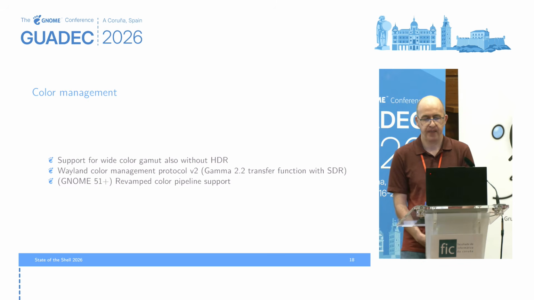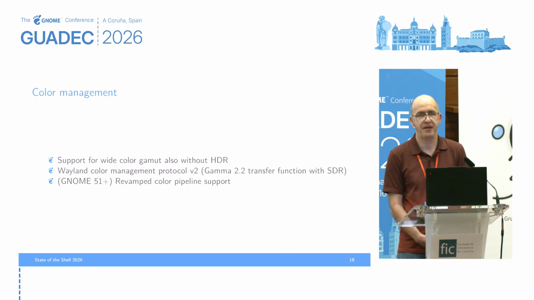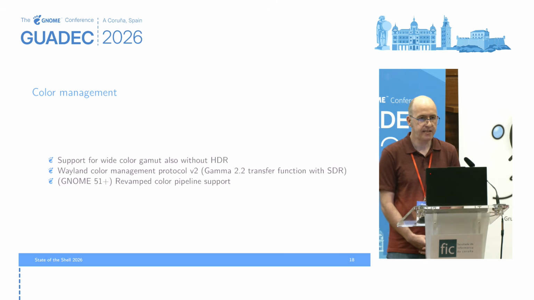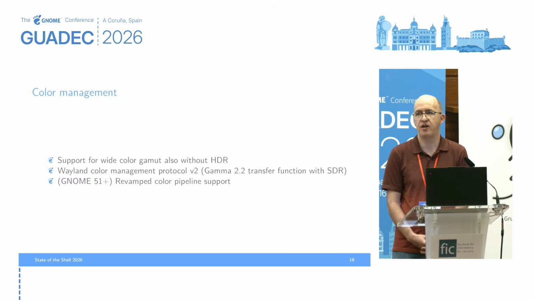And finally, Sebastian just got the ball rolling recently for revamping the color pipeline that Mutter uses for producing its output frames. This will open up possibilities for lots of things that haven't been possible so far.